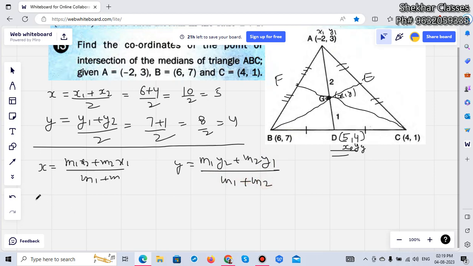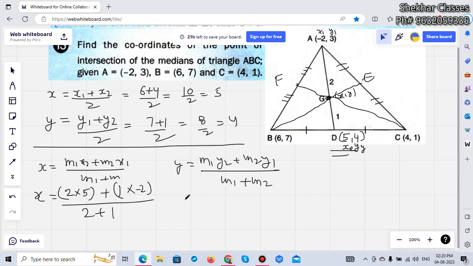So X will be, we have to calculate that. X will be equal to, M1 is 2, and then X2 will be 5. So 2 into 5 plus M2 is 1 and X1 is minus 2, upon M1 is 2 plus M2 is 1.